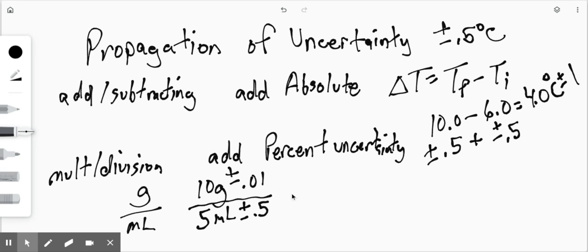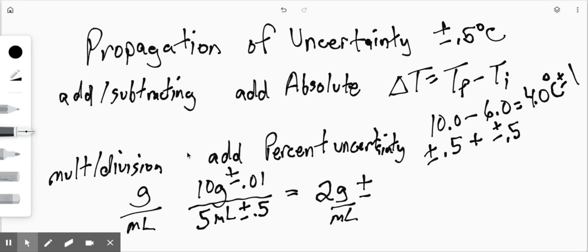So the math here is easy. 10 divided by 5 is 2 grams per milliliter. But the question is, what is the propagation of uncertainty through this calculation here?